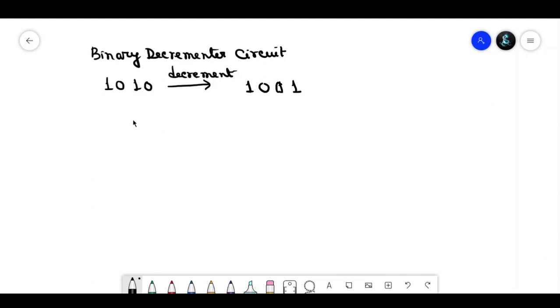This operation can easily be implemented using a combinational circuit of half subtractors or a sequential binary counter circuit. There may be occasions when the decrement microoperation must be realized with a combinational circuit of full adders also. So suppose we are doing the 4-bit decrementer circuit. Here we are connecting 4 full adders.